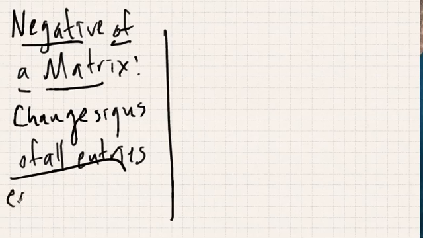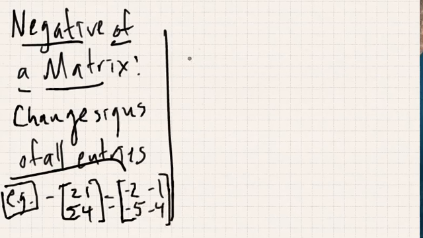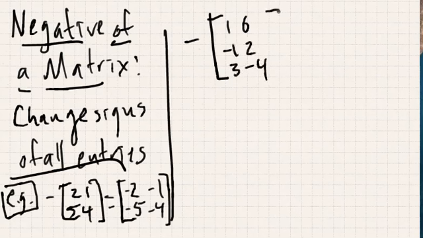So for example, if I took the negative of 2, 1, 5, 4, I will get negative 2, negative 1, negative 5, and negative 4. If I were to take the negative of, let's say, 1, 0, negative 1, 2, 3, negative 4, I just change the signs.